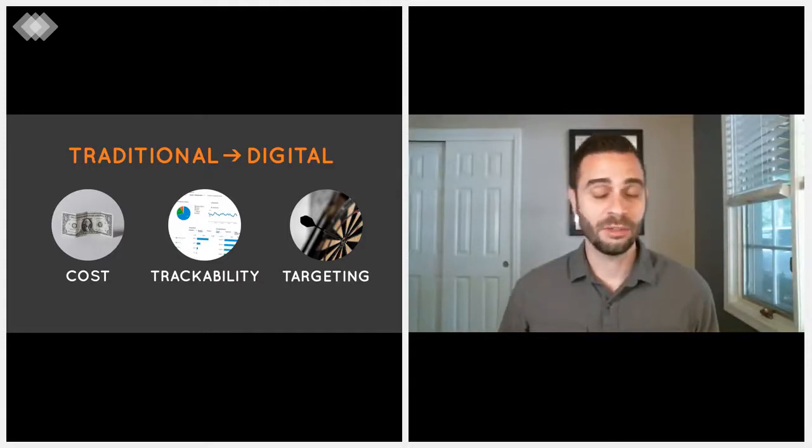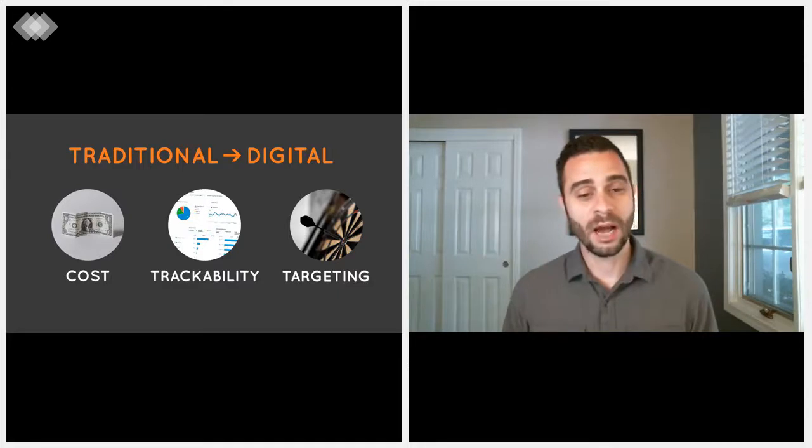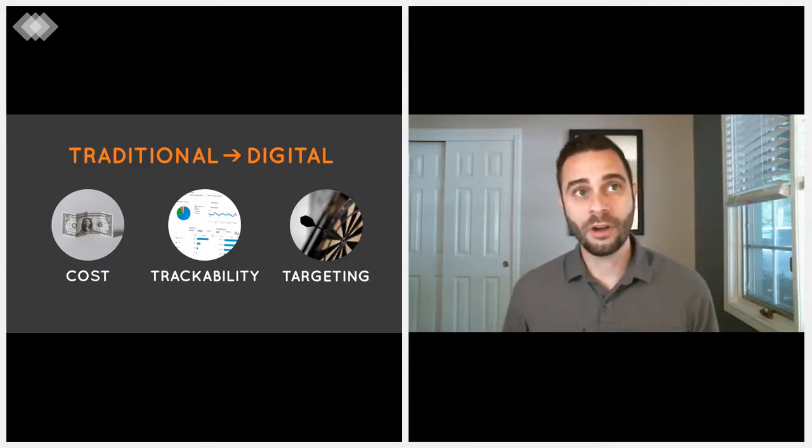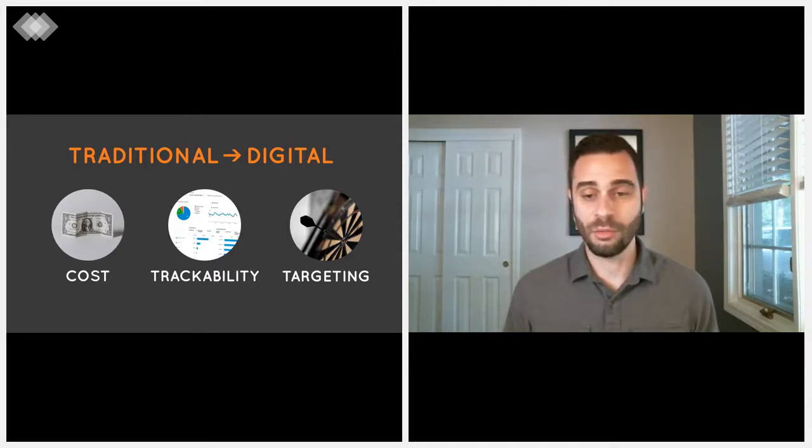Once you place an order for print ads, they're out there. You can't take it back. But there's a lot more malleability to how you can adjust budgets within digital advertising or digital marketing in general. We talked about the trackability. We used that decision tree. And this is another area where we've seen organizations are frustrated with not knowing the results of their traditional marketing methods.